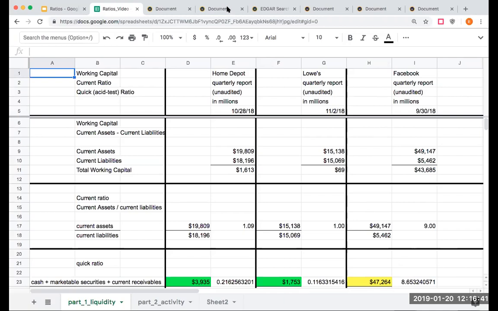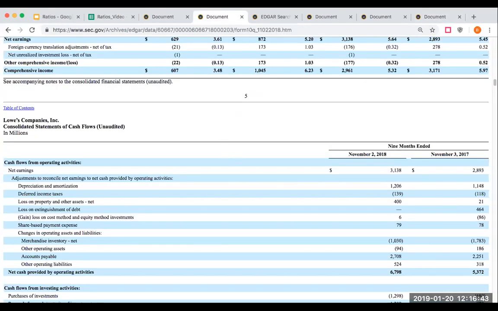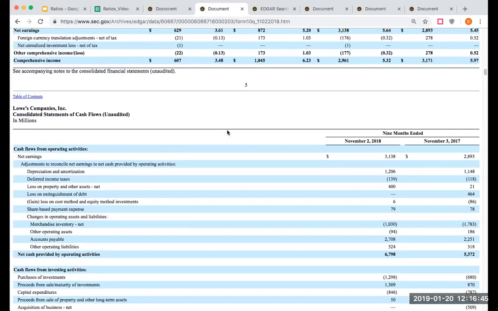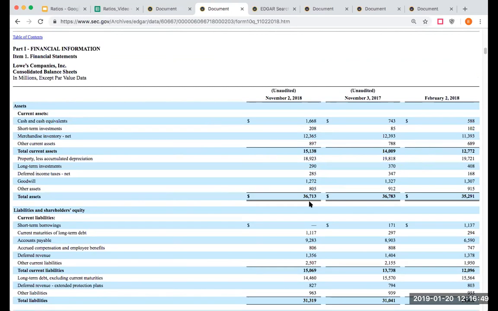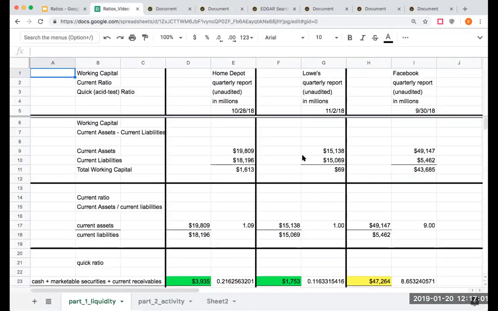If I look at Lowe's, Lowe's has total current assets of 15,138,000,000 and total current liabilities of 15,069,000,000, and they only have working capital of $69 million for the quarter as of November 2nd, 2018.